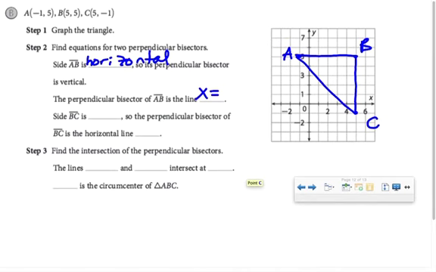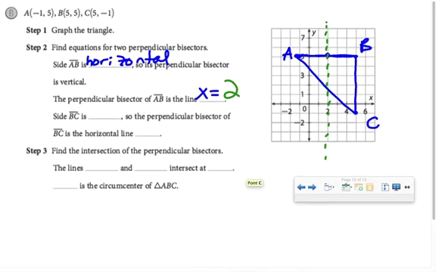In order to do that, I'm going to look at segment AB and count its spaces and see that it is 1, 2, 3, 4, 5, 6 spaces long. So its midpoint will be 1, 2, 3 spaces in, and the x-coordinate of that is 2. So the perpendicular bisector of segment AB is the line x equals 2.